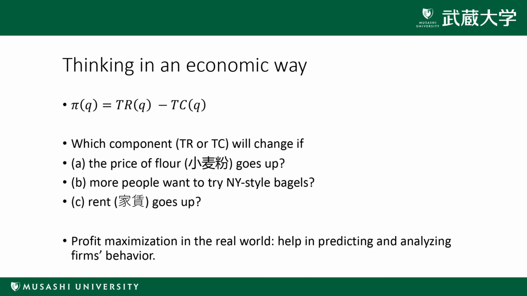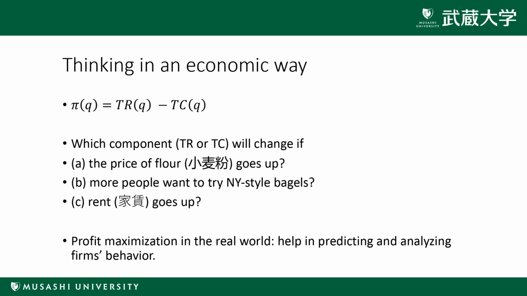Let's look at the second one. If more people want to buy New York style bagels, which factor would change, TR or TC? TR, right, because this is the demand side, which shows how many people are willing to buy the bagel at a given price.